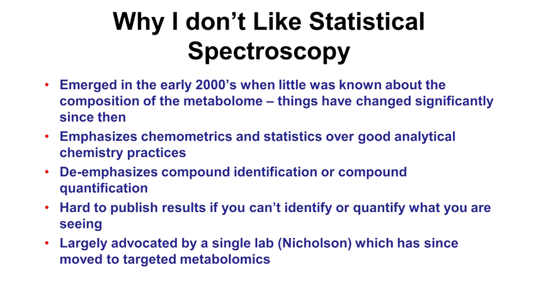A good analytical chemist will want to identify and quantify as accurately as possible. And that's what spectral deconvolution does, not statistical spectroscopy. It's very hard to publish results if you don't identify and don't quantify what you're seeing. And so again, in the end, whatever you do, you're still going to have to identify and quantify.